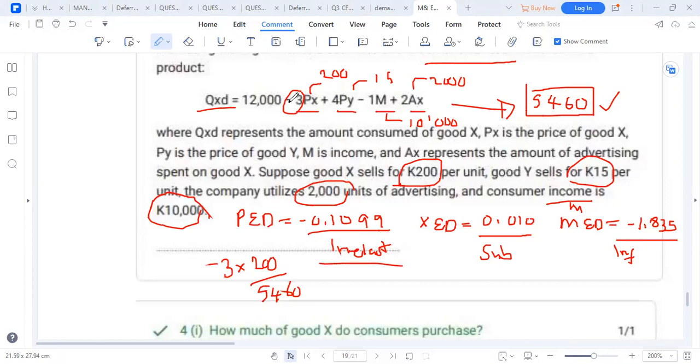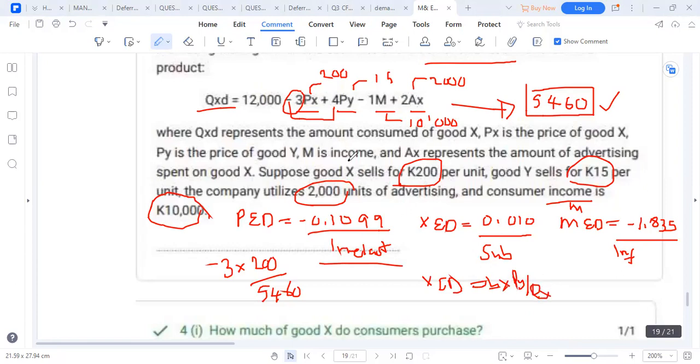Then the signs here for good X and Y are different, so it shows you that these are substitute goods. But we can still calculate the cross price elasticity of demand from X to Y. It is given by the gradient times the price of Y over QX.